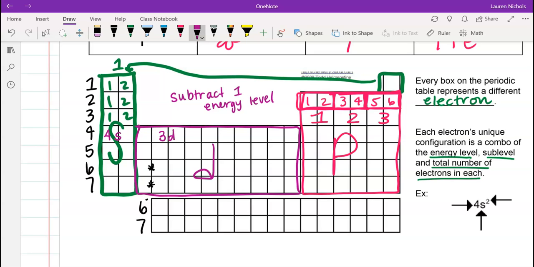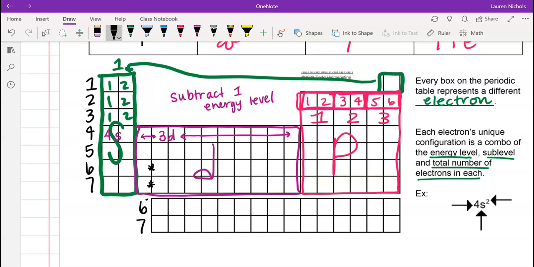This whole row represents the 3d sublevel, and that is because 3d, because of its awkward shape, is actually higher in energy than 4s, so it's kind of staggered that way in terms of how the electrons fill in.